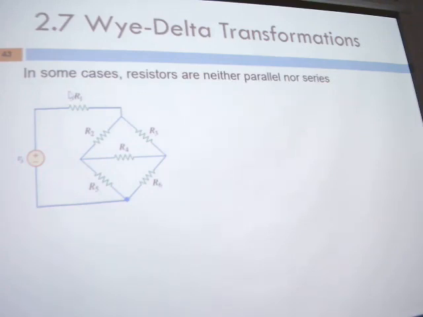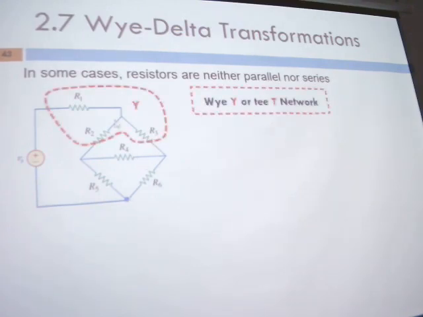Please have a look. This one is the easiest case. For this case, our resistors are neither in parallel nor in series. Please have a look. Here, this connection, we say this one is a Y connection, or T connection.